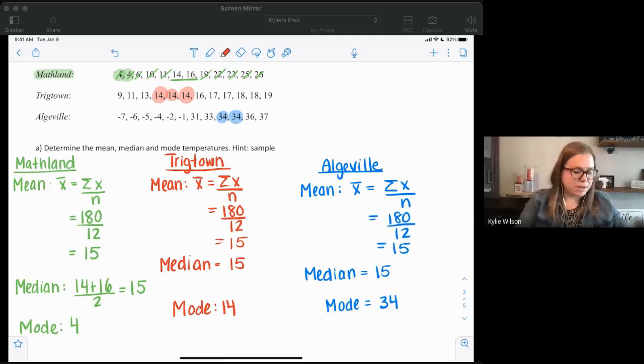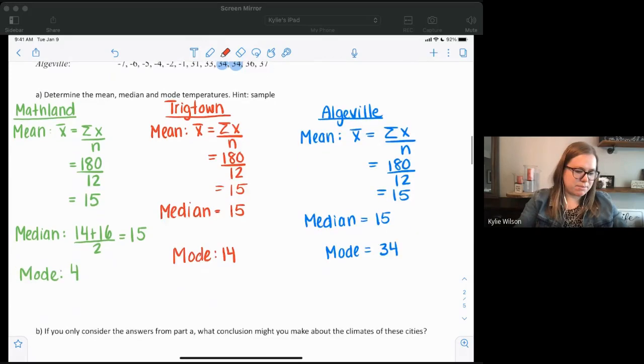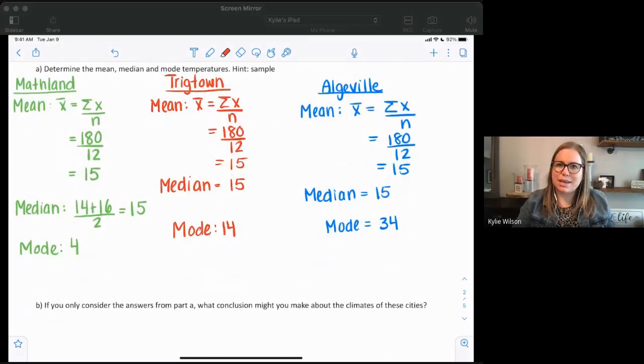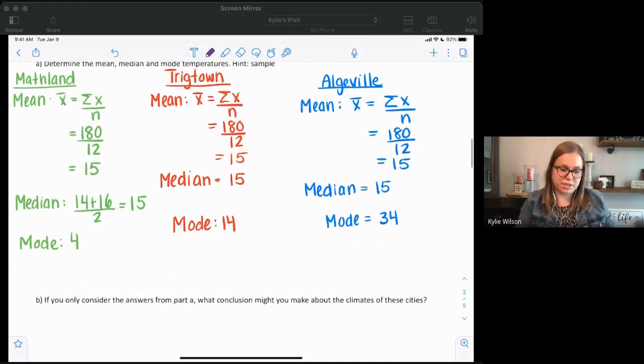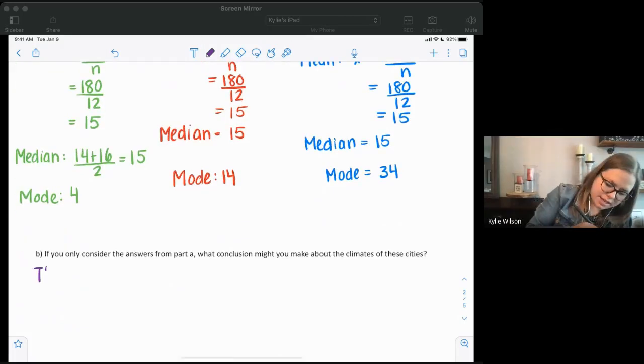The modes are so different that they kind of tell us something's up, but if we were just given the means and the medians, we want to think about what we would say about these 3 locations and their temperatures. Now, if all of their means were the same, and all of their medians were the same, I would probably say that the temperatures in these cities are very similar.